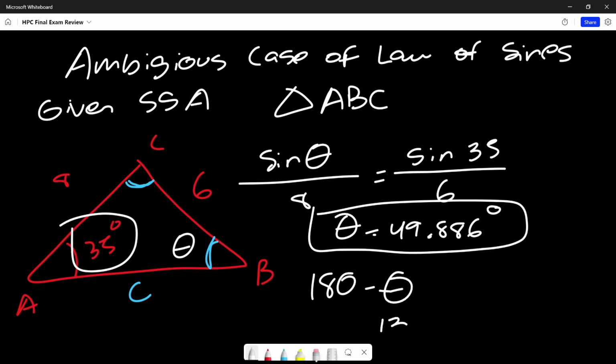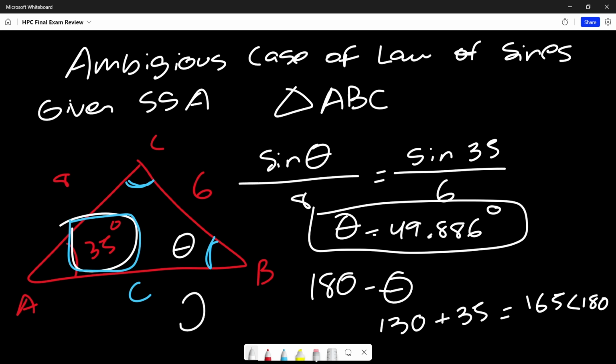So 130 plus our given angle, 35, is equal to 165, which is less than 180, meaning that we'll have two possible triangles in this case.